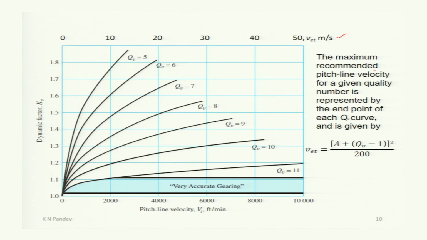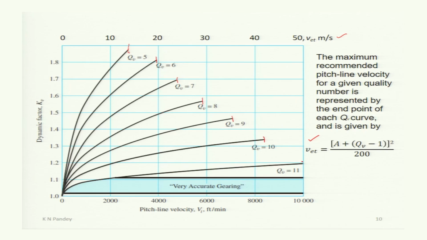The maximum recommended pitch line velocity for a given quality number is represented by the end point of each Qv curve and is given by the following. That means if the quality value is 5, then the maximum pitch line velocity up to which this curve can be used is given by Vt max equal to (A plus Qv minus 1) whole squared divided by 200. So, from this formula, the maximum pitch line velocity corresponding to a particular quality value can be determined.